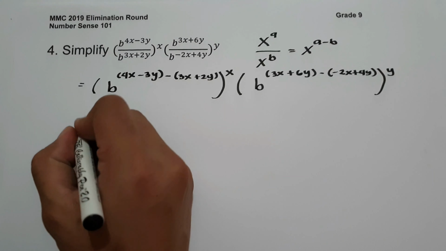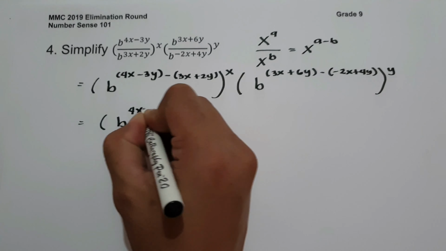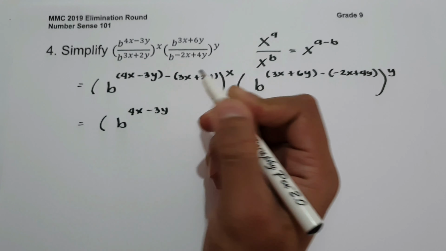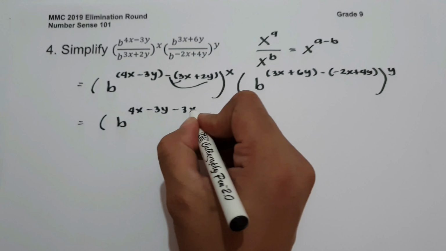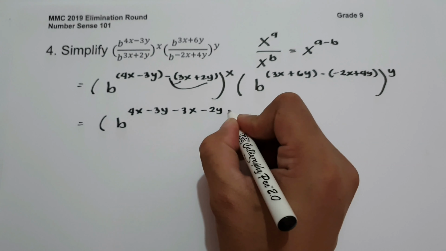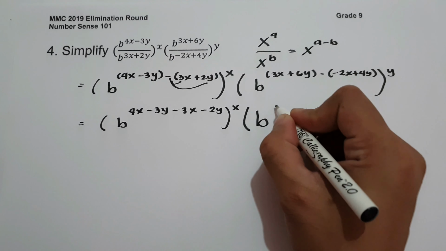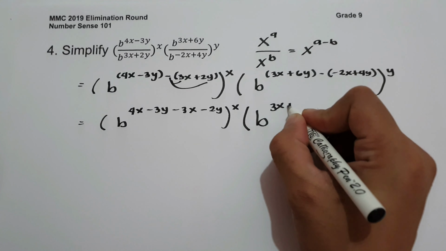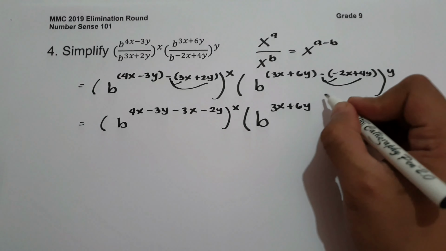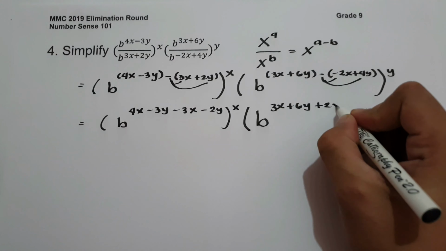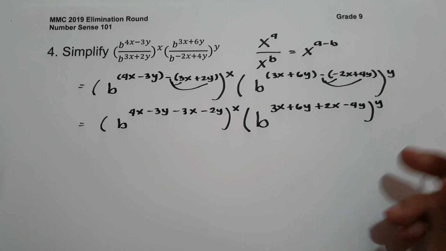So to simplify, let's have b raised to 4x minus 3y, and then let us distribute the negative sign. It will give us negative 3x minus 2y raised to x multiplied by b raised to 3x plus 6y. Let us distribute the negative sign. It will give us positive 2x minus 4y raised to y.